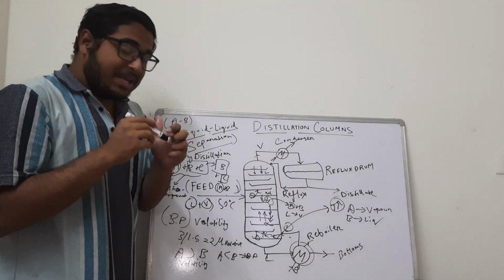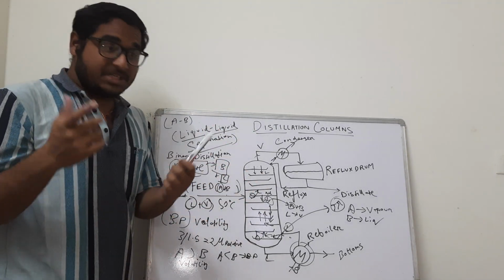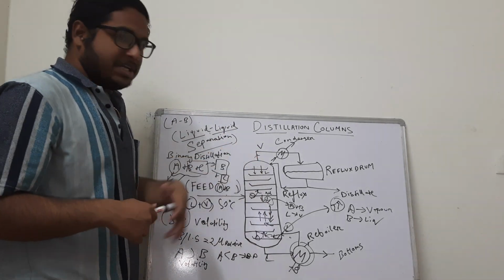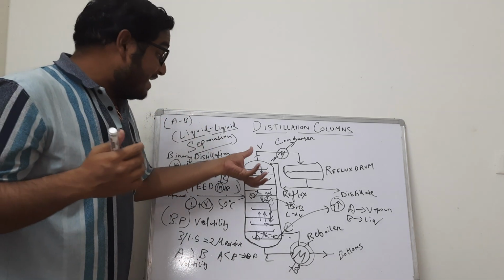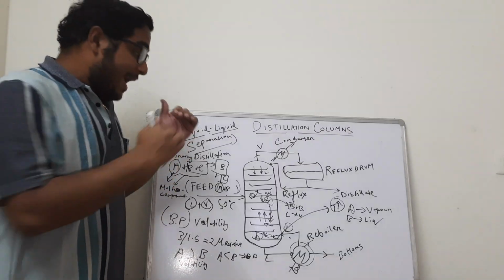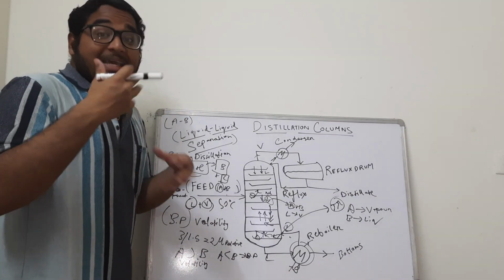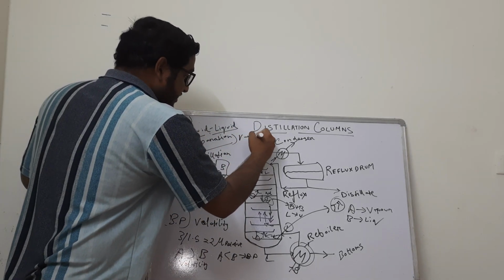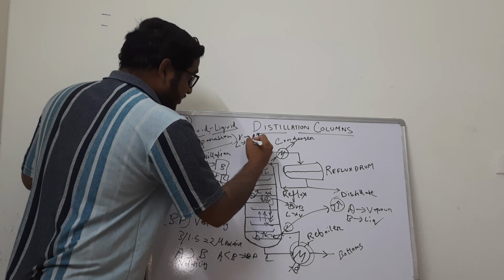Now talking about the upper half: this is called the bottom section and this is called the enriching section. Why is it called the enriching section? Because as the vapor moves up and comes in contact with the incoming liquid, it is getting enriched in A. In the vapor state the concentration of A is increasing, and in the liquid state B concentration is increasing.